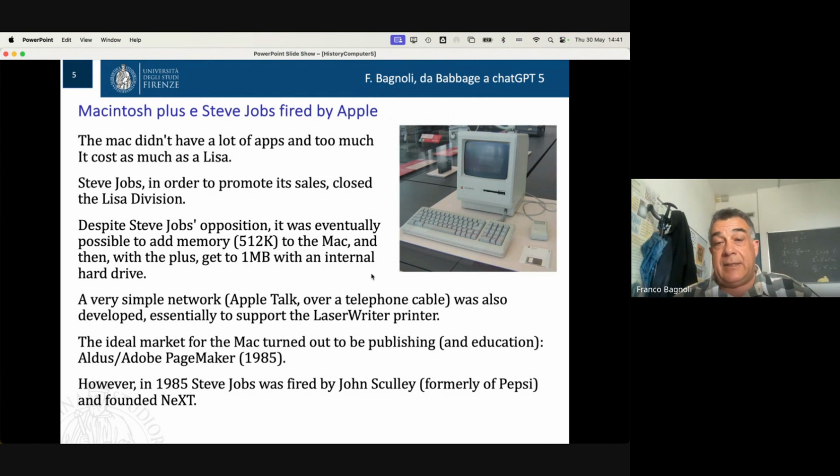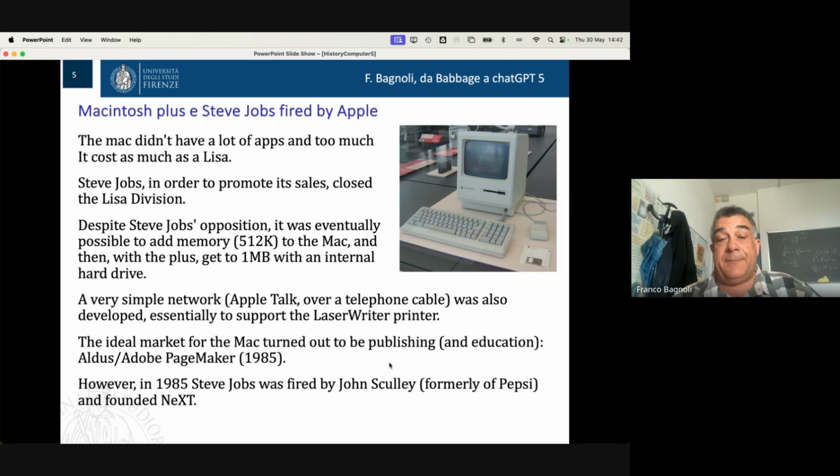And so in the end, only when Steve Jobs was fired from Apple and they hired John Sculley from Pepsi, it really started to expand, because the memory was increased to 512K and then to 1 megabyte. AppleTalk, a kind of slow but really cheap local network, was added.